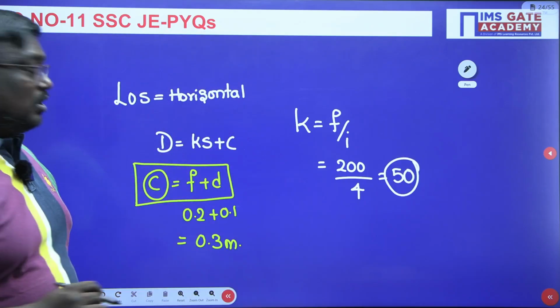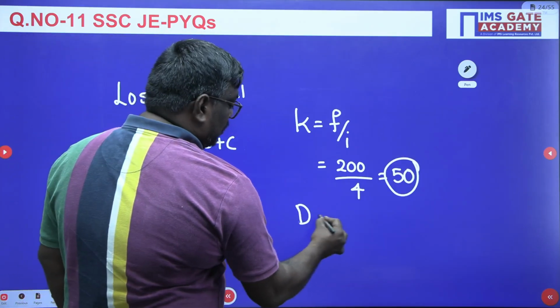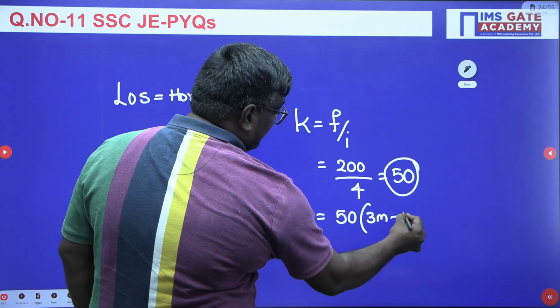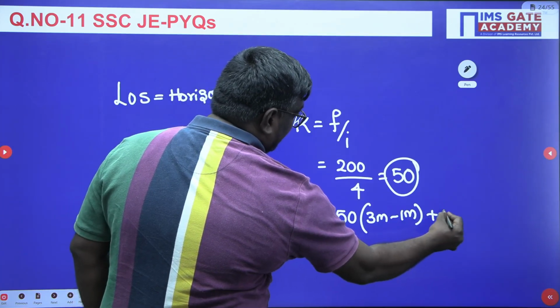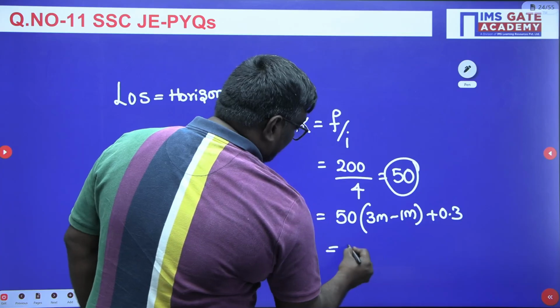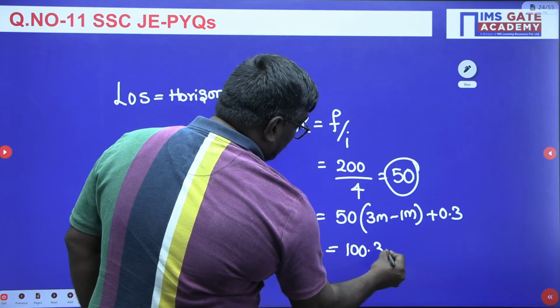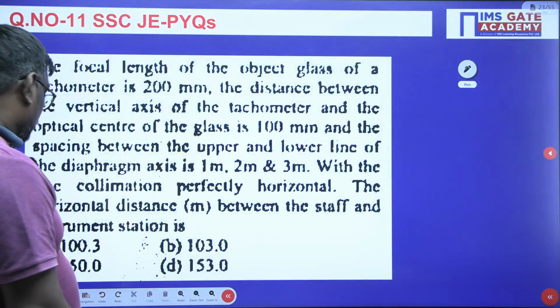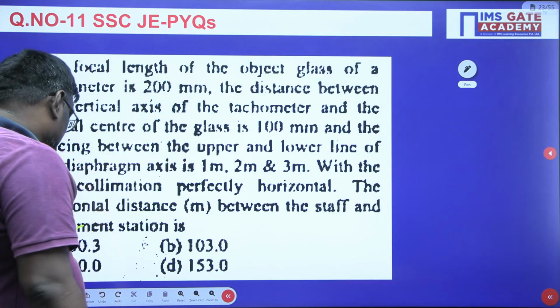It's a multiplying constant. So distance D is equal to 50 into staff intercept, 3 meter minus 1 meter, plus 0.3 meter. If you solve this, you will get 100.3 meter. So you can write option A is the right answer.